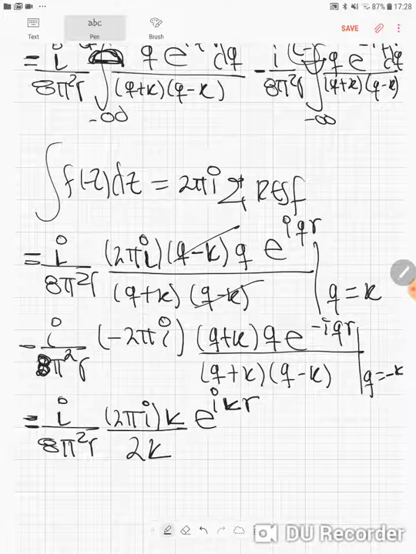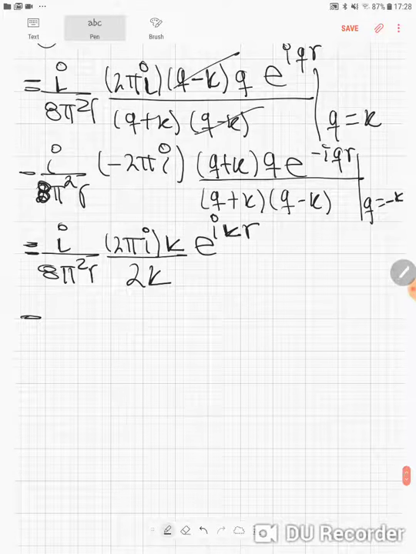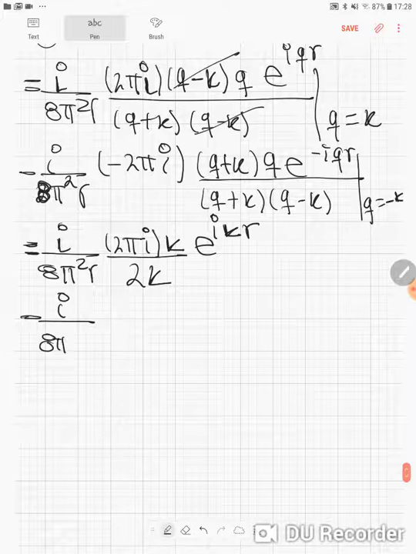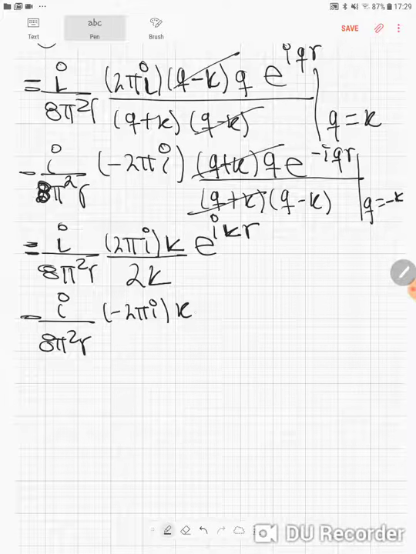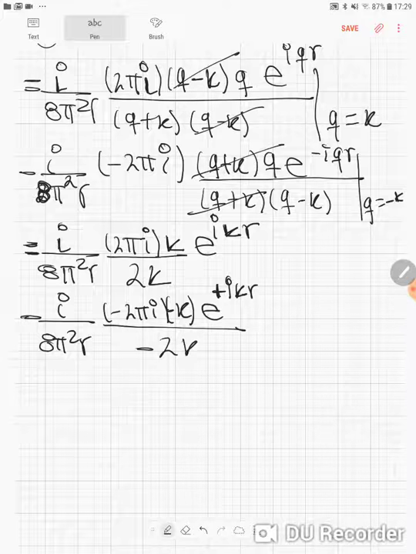Okay, and the second term is minus I divided by 8 pi square r times minus 2 pi I. This cancels with this, so we get here k, we get here e to the plus, oh, this is minus k here because we're evaluating the q's at minus k, and this is plus I kr divided by minus 2k.